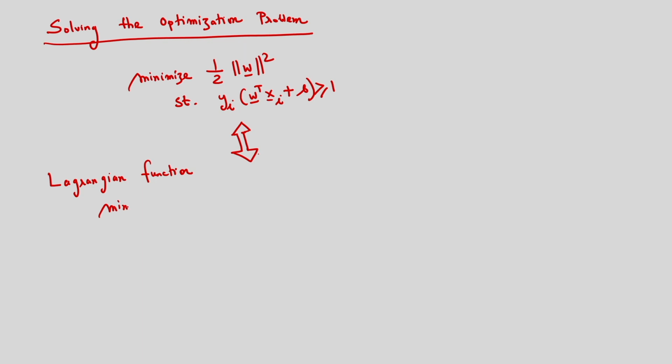Minimize the Lagrangian function, minimize LP. It is a function of W, the weight vector, B, the bias, and alpha I, the Lagrangian multiplier.